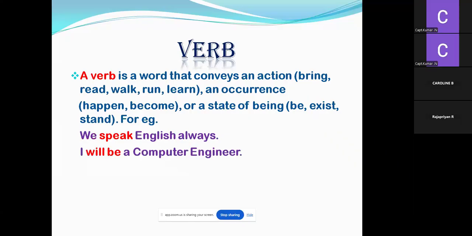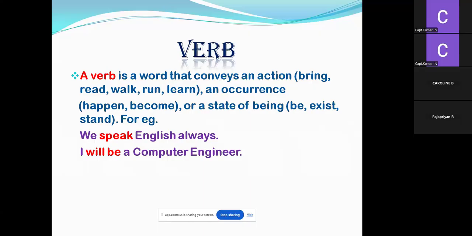What is a verb? I think you all will know. A verb is the word that conveys an action, an occurrence, or a state of being. An action like read, jump, walk, run, learn; an occurrence, something happening, like happen, become; and a state of being, like exist, stand, or be in a particular state.